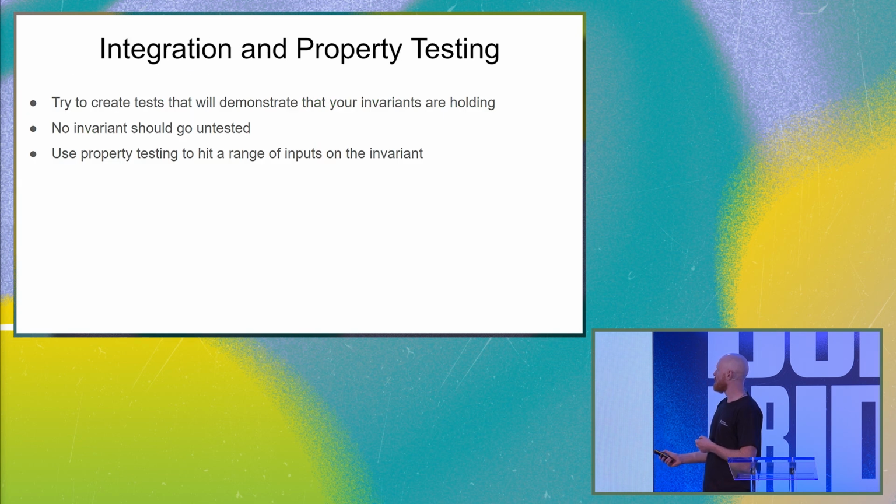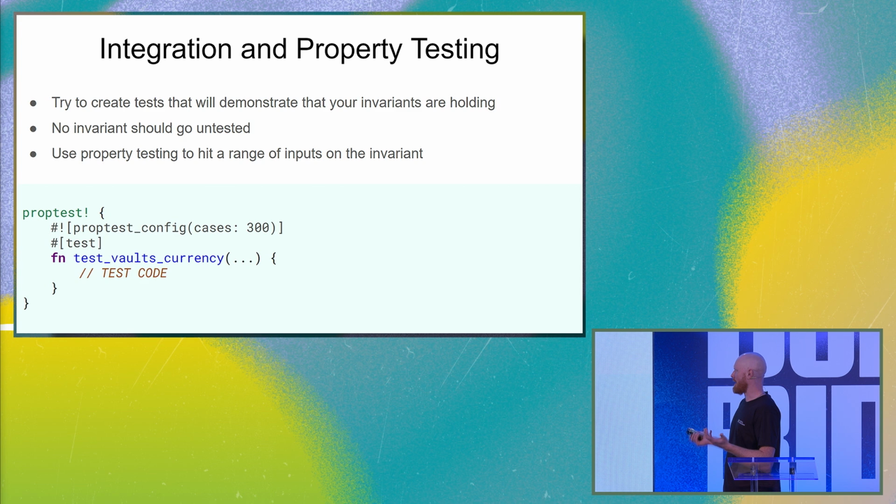So once you've done that, of course, the step to getting the most juice out of that for the squeeze would be to try to have a test for every invariant. Try to break them. And so I think that using property tests for this, so the talk that Lee gave yesterday, he mentioned using cargo fuzz to do invariant testing.